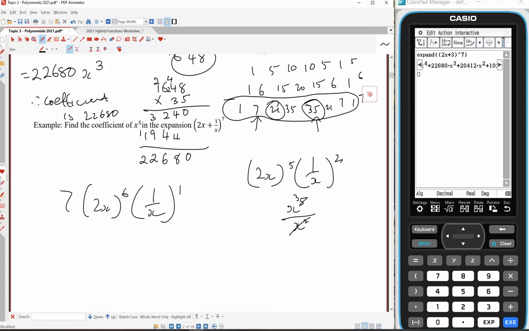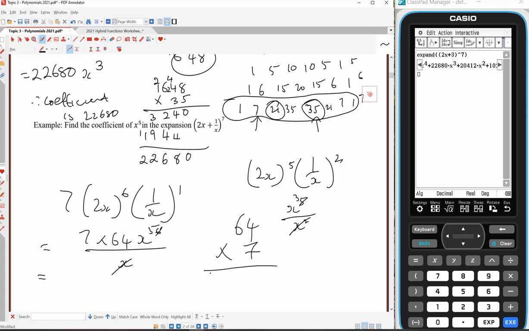Because I know that this will be x to the 6, and this will be x to the 1. 1 on x will cancel out with this, leaving us with x to the 5. So this is going to be 7 multiplied by 2 to the 6. 2 to the 4 is 16, 2 to the 5 is 32, 2 to the 6 is 64, x to the 6 over x. That'll cancel out, giving us the x to the 5 that we want.